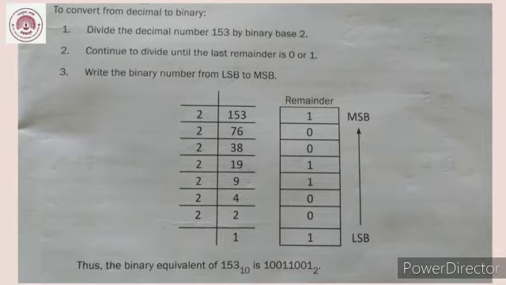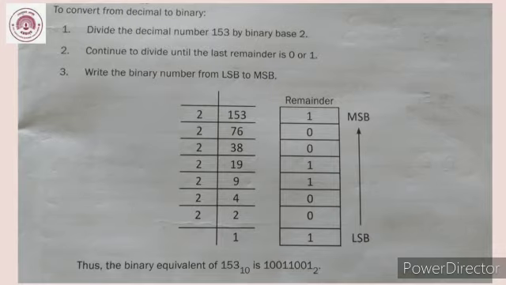Now let us practically convert a decimal number to its binary equivalent. We have taken the decimal number as 153. Now to convert it into its binary equivalent, we have to divide this number by 2. So 2 7s are 14, 2 6s are 12. You get a remainder of 1. Remainders we will write in a separate box. So in this operation we get a remainder of 1 and we write it in the remainder box.